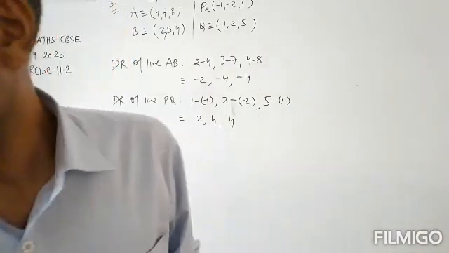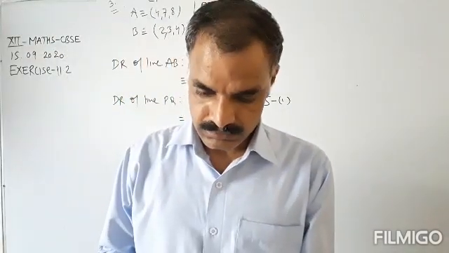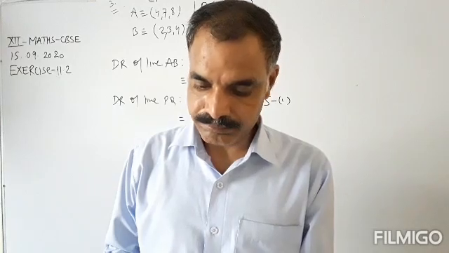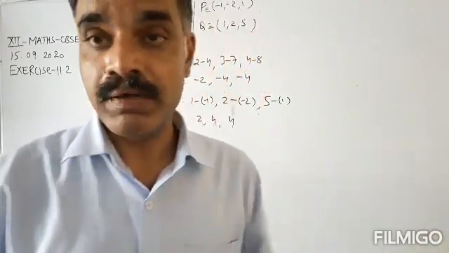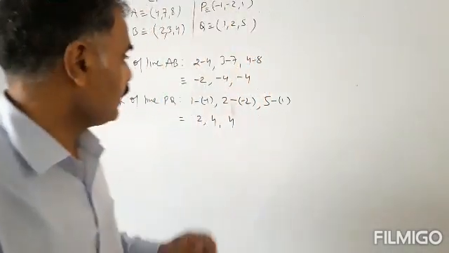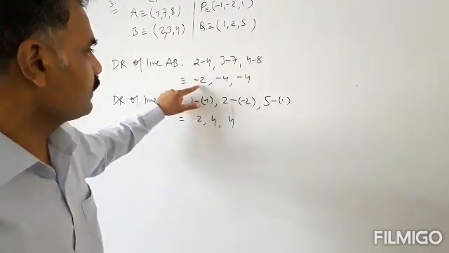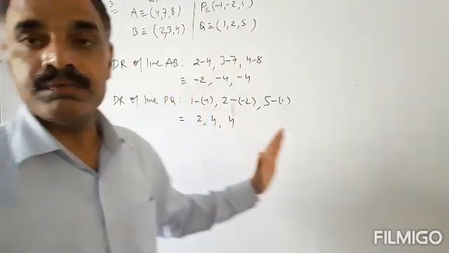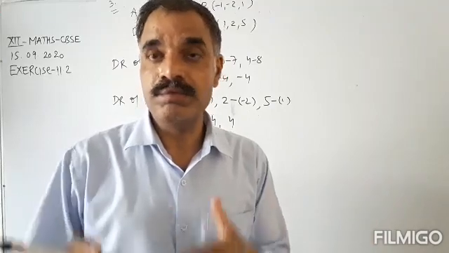Now we have to show that the lines are parallel. Parallel means the ratios of the corresponding direction ratios should be proportional.